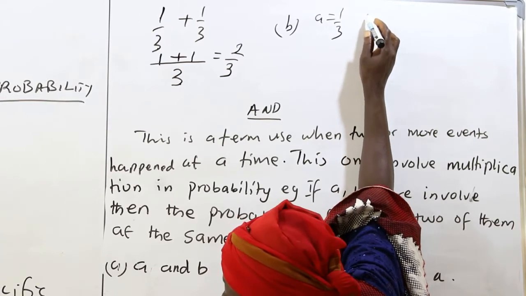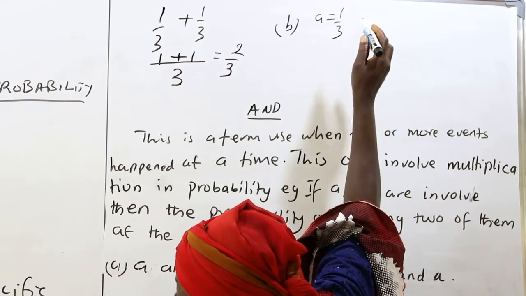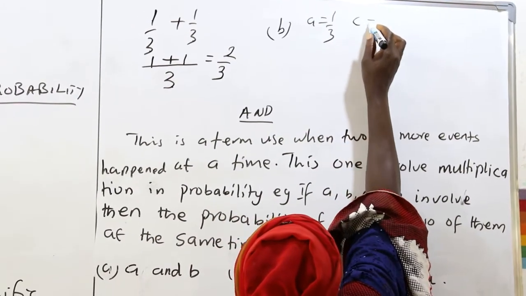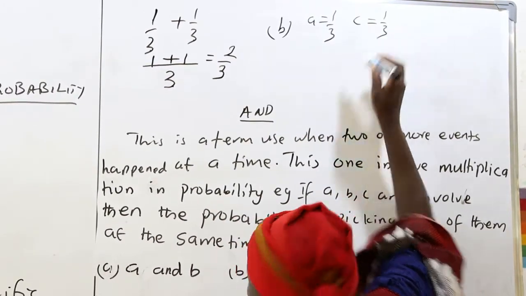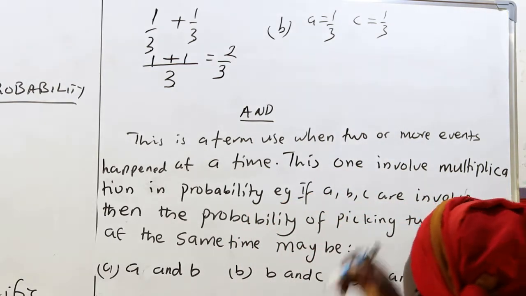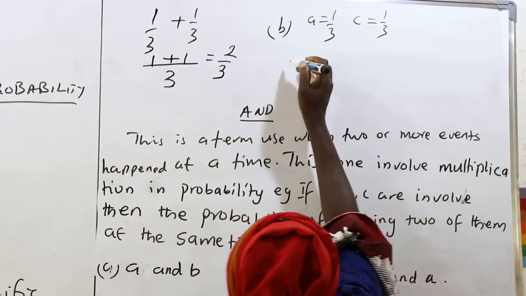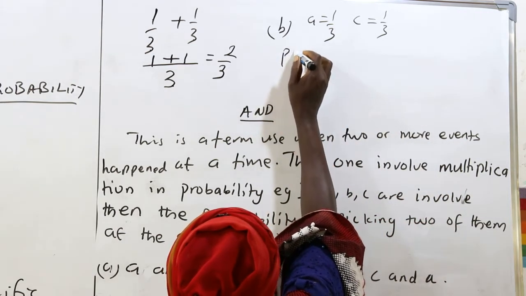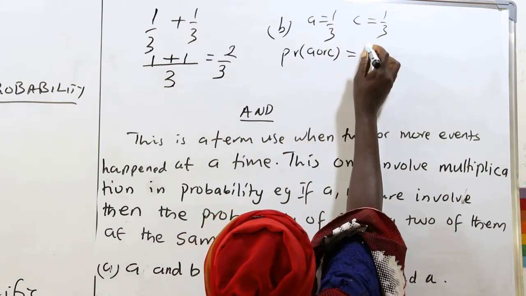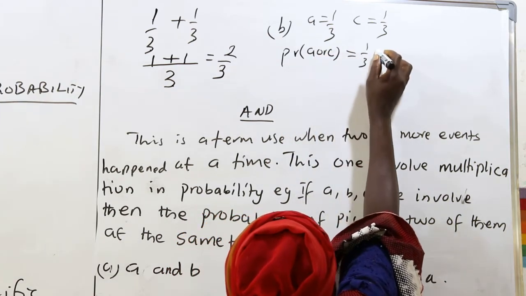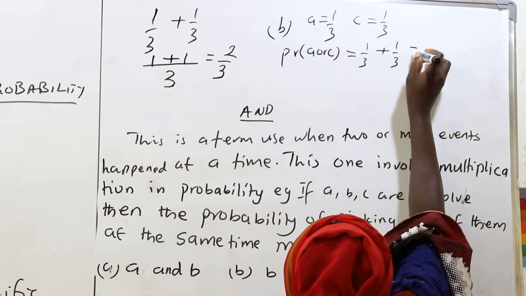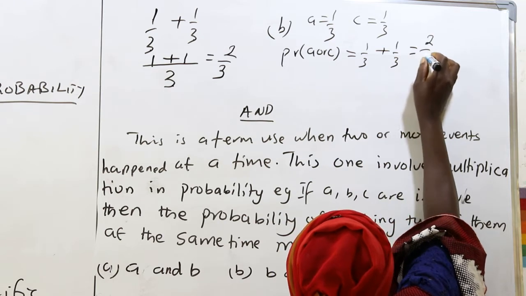The probability of C is 1/3 too, because we have only one C in the possible outcomes. So the probability of A or C will be 1/3 plus 1/3, which will also give us 2/3.